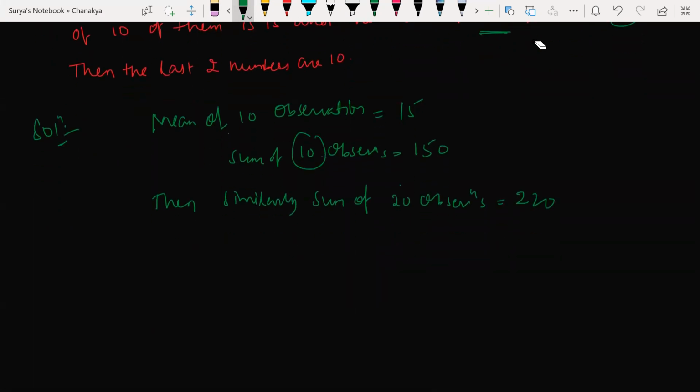So the mean of 32 numbers will be what? 10 observations plus 20 observations, and he is asking for 32, right? Very good question. This type of question is very important from the board point of view. Mean of 32 numbers will be 150 plus 220 plus the last two numbers, which are 10, given here, divided by what? 32.